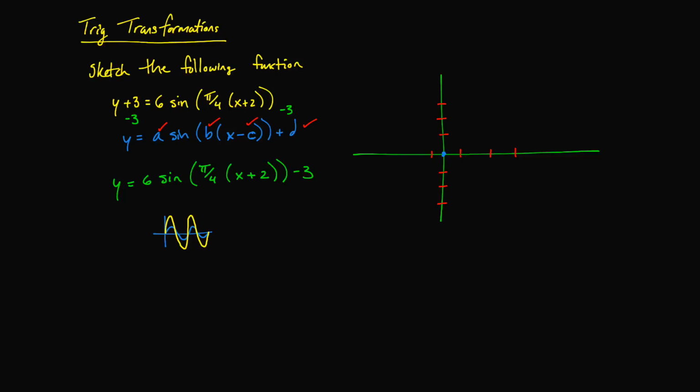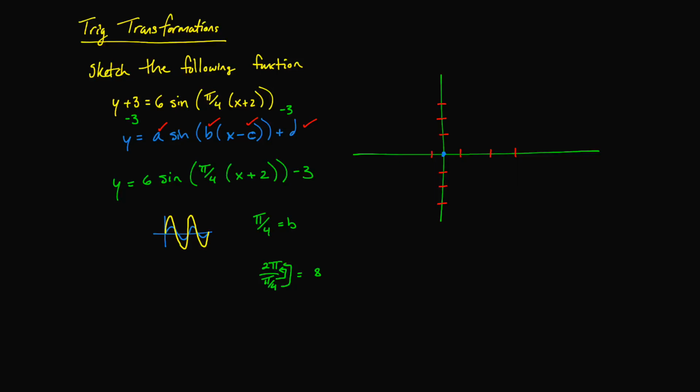So first off, we know that pi over 4 is equal to b, and we're looking at the period. We're going to put this into 2 pi divided by b, which is pi over 4. So this comes out to be, I believe, 8. So 8 units is your period.